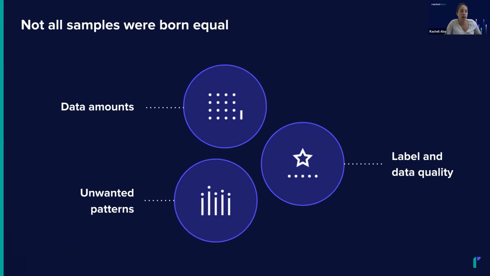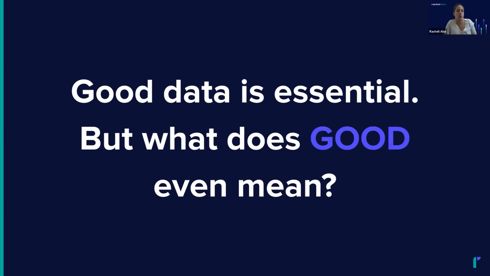And many times in our day-to-day, we see patterns that we don't really want to show and train our models with. So although it is quite a consensus in the machine learning world that good data is essential, let's be honest with ourselves. Many times we don't really know what good data even means. So we will want some magic trick to tell us what the good samples are, in order for us to use them.